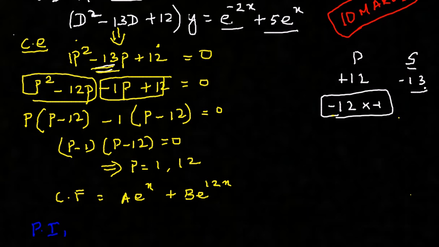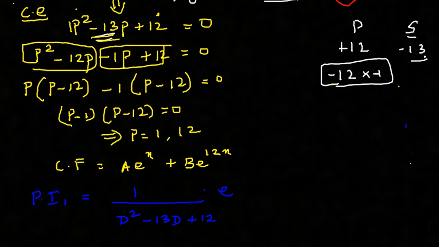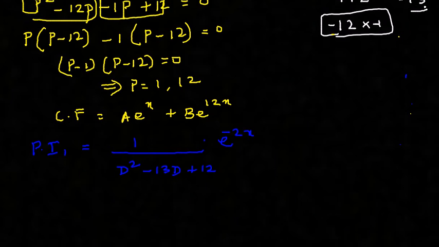How am I going to find the particular integral? This is the same procedure everywhere: 1 by 13d plus 12, into e power alpha x, which is e power minus 2x. It's just a constant.